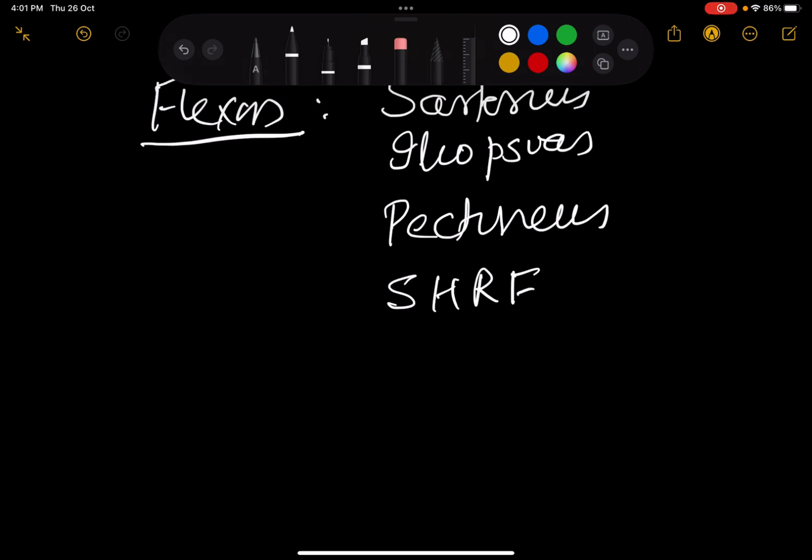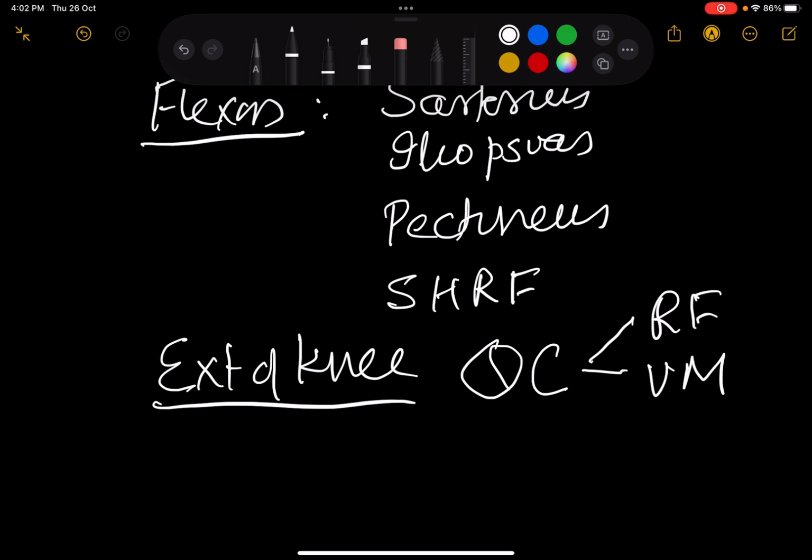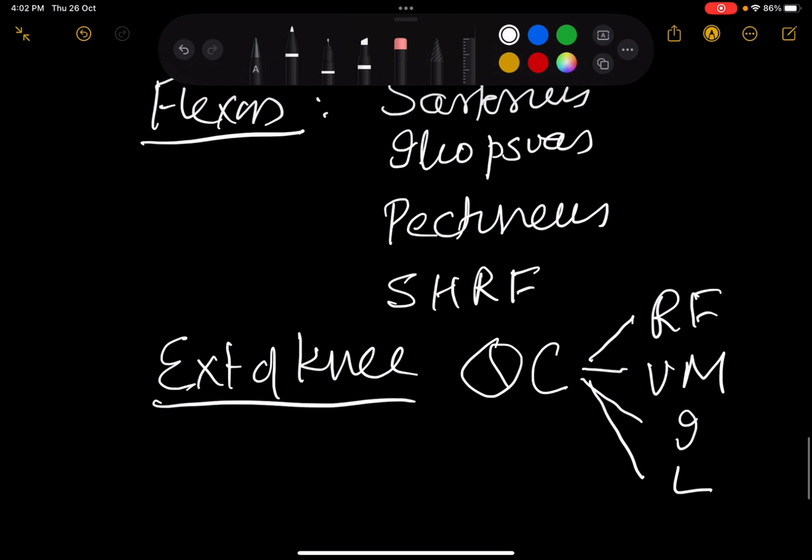Then the main extensor of the knee we made, which was the quadriceps, formed by rectus femoris, which flexes the hip also, but the vastus medialis, intermedius and lateralis, which would only extend the knee. So these are the muscles that we had made.